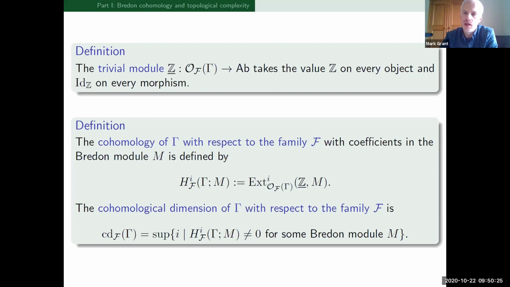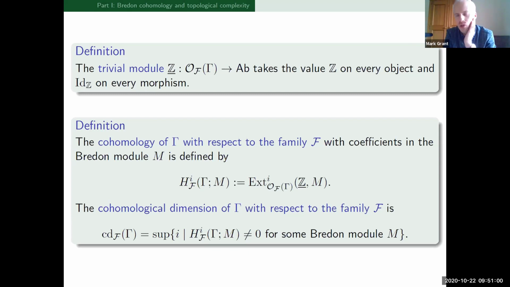So then we define the cohomology of the group gamma with respect to the family F and with coefficients in a Bredon module M by taking Ext in the category of Bredon modules of the trivial module with M. So we have to find a projective resolution of the constant or trivial module by Bredon modules, take hom of that resolution into M, and then take cohomology of the resulting thing.